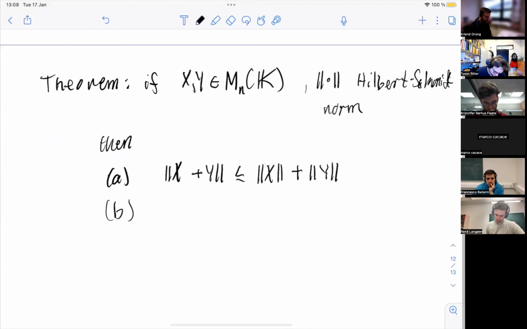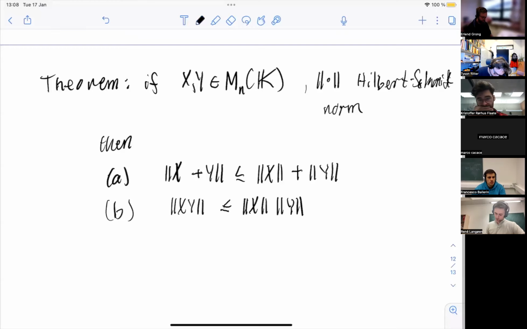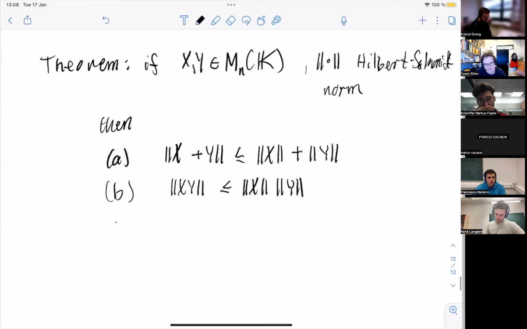However, we also have the following very useful property, that if we multiply two matrices, then at worst, it's as bad as the product of the lengths of each of them.